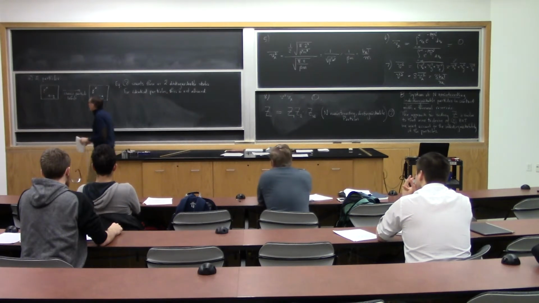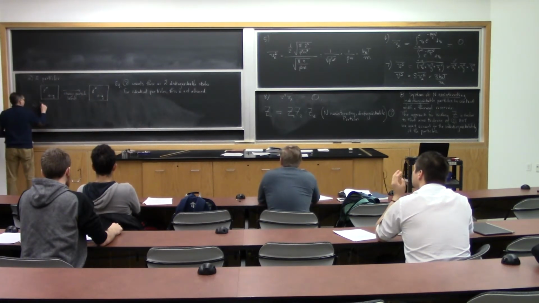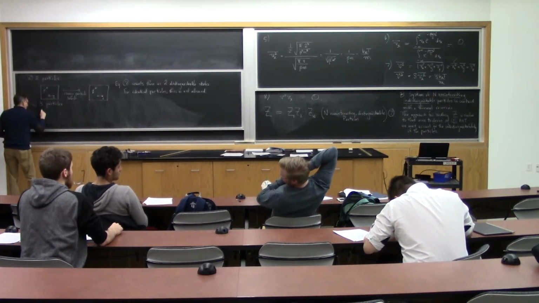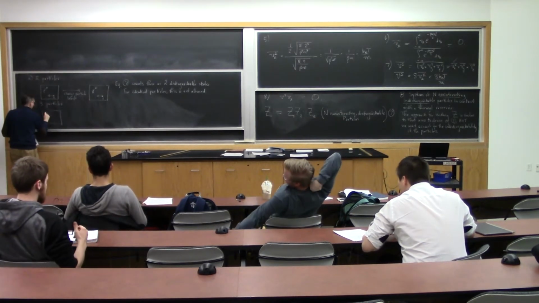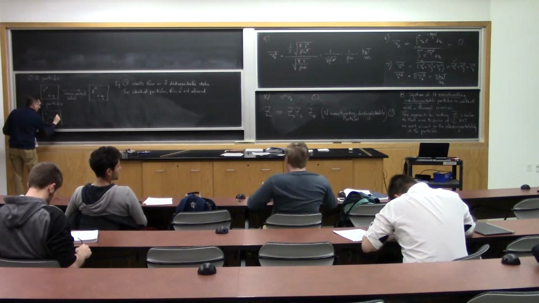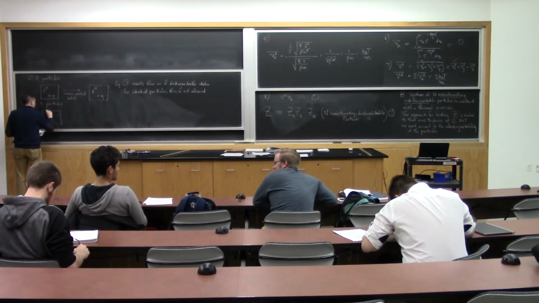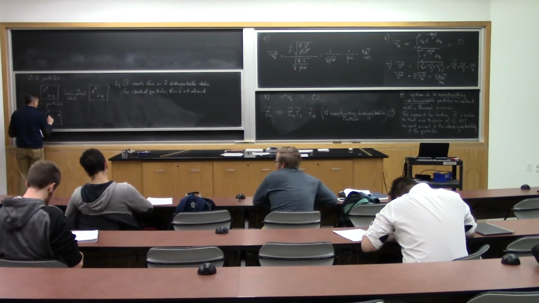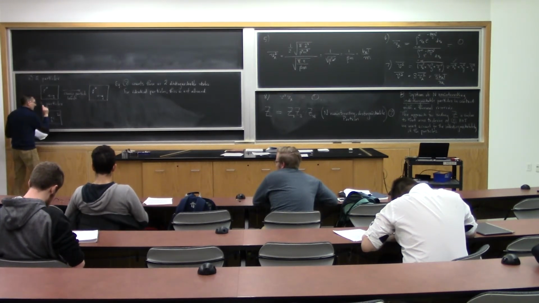Now that's for a two-particle system. What if you have a three-particle system? So let's say you have a particle here, and a particle here, and a particle here. One's got a velocity that way, one's got a velocity that way, one's got a velocity that way, and I'll put labels on them.